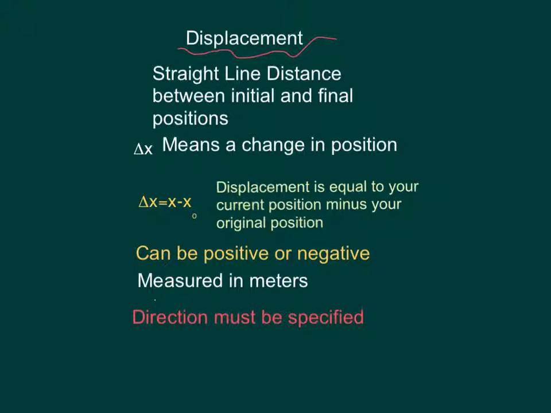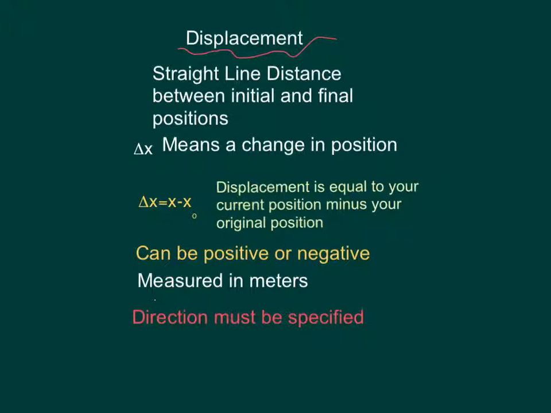So if we wanted to actually compute or calculate the displacement, we would take our current position wherever we're located, and subtract our starting or original position from our current position. That's what this over here is showing: if we want to find our displacement, or our change in position, we'll take our current position and subtract from it our original position.